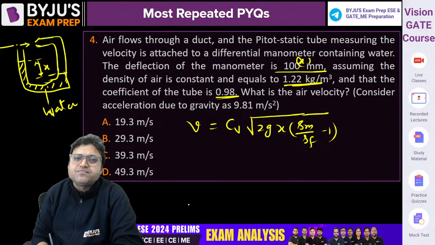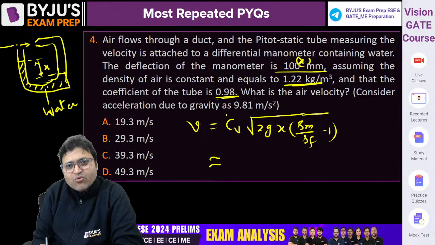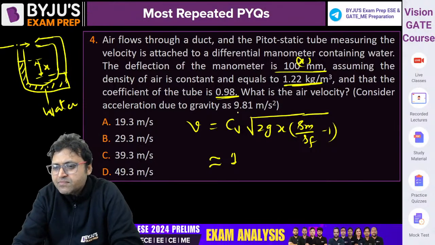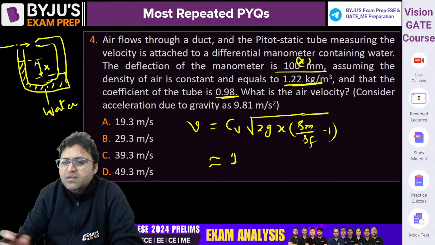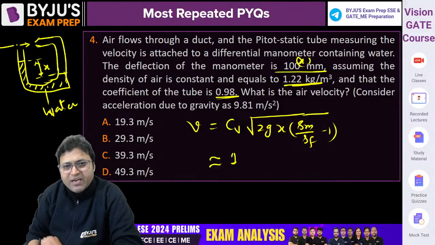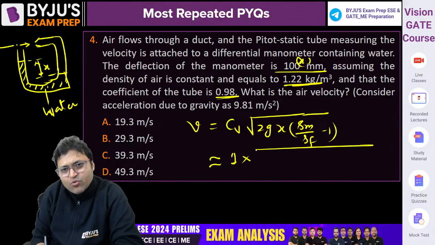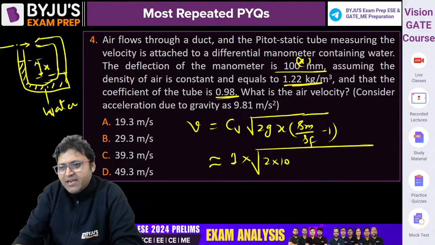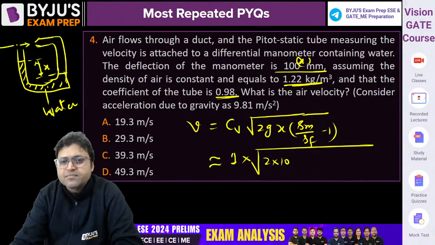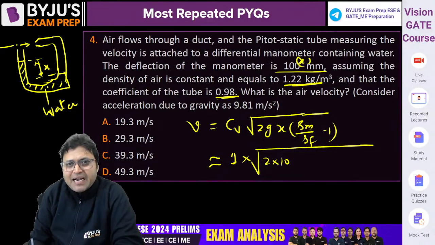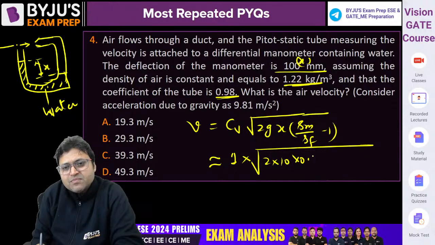Isn't it? So Cv, let us take as 1, into under root of 2 into 10 into x, 100 mm, that is 0.1 meter.